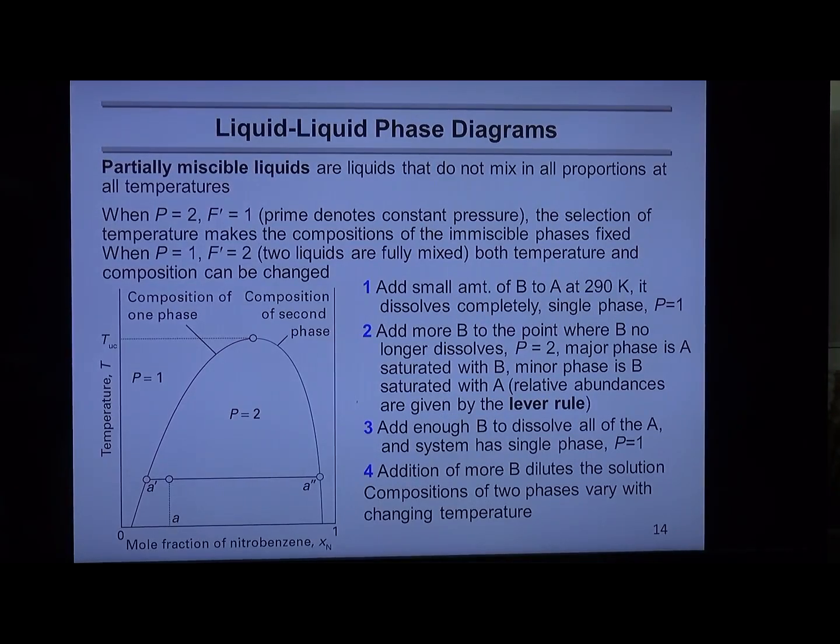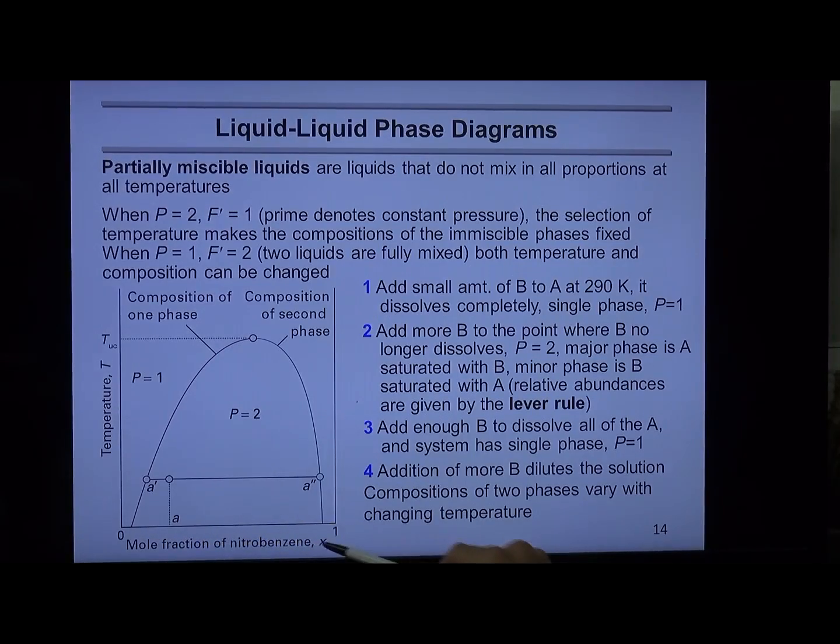Okay? And we add more B and go above this phase boundary. Here, for example, there is much more B now compared to A, right?